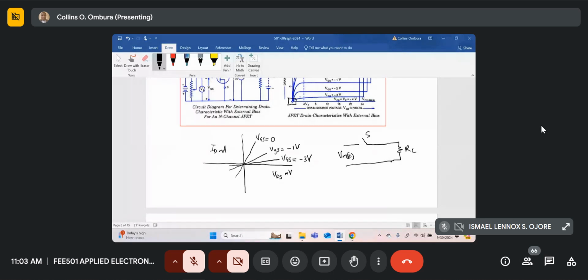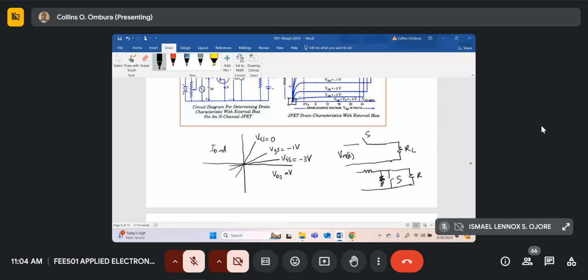There will also be another configuration, which we'll study, whereby the switch is in shunt to the load. So the switch is our FET.